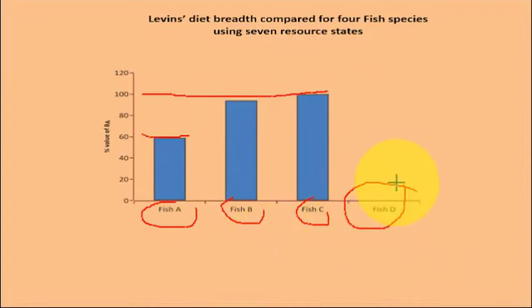So there is no bar diagram we can see here. So this way you can compare the different fishes or different organisms for their diet breadths using Levin's diet breadth measures.